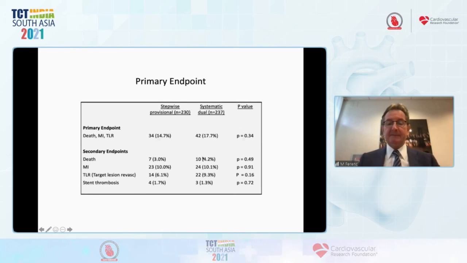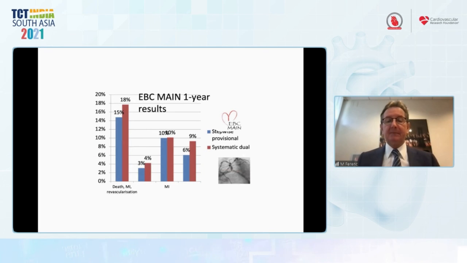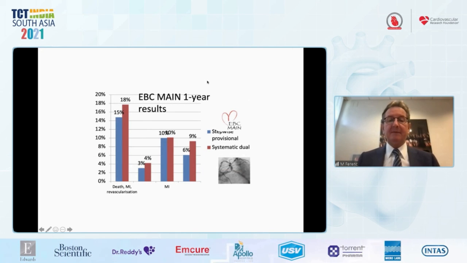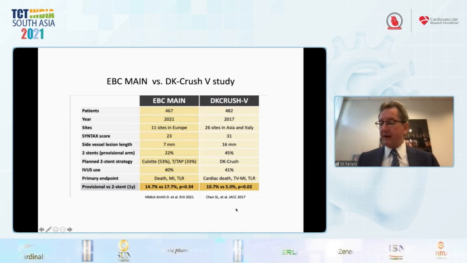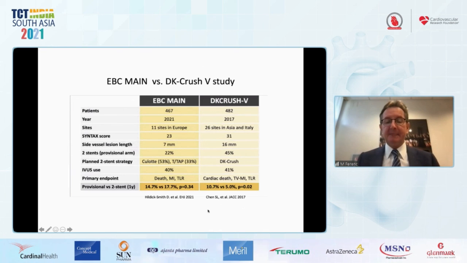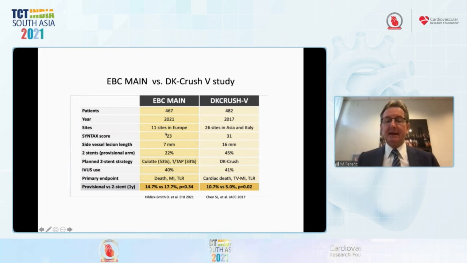And you see there was here the trend, 6 versus 9% TLR rate after 1 year. And here just showing you 15 versus 18%. So it was interesting to compare this data with DK crush. And as you can see, we have similar numbers of patients. We have a lower SYNTAX score in the ABC main study, 23 versus 31.